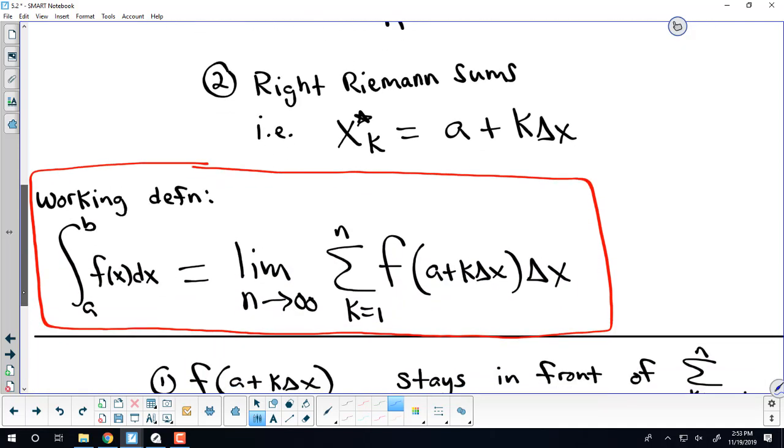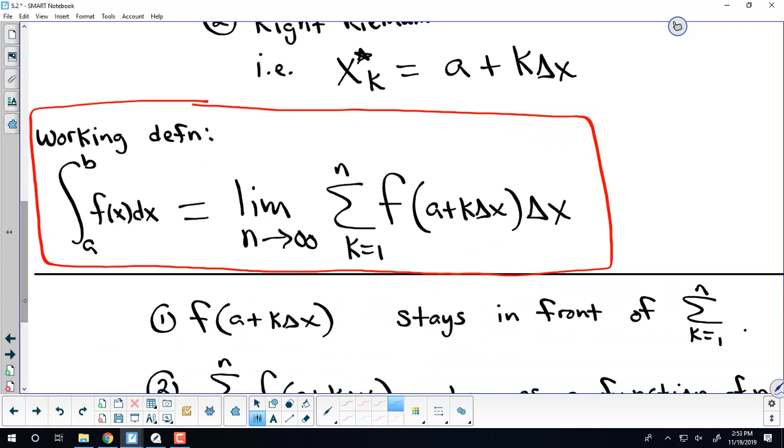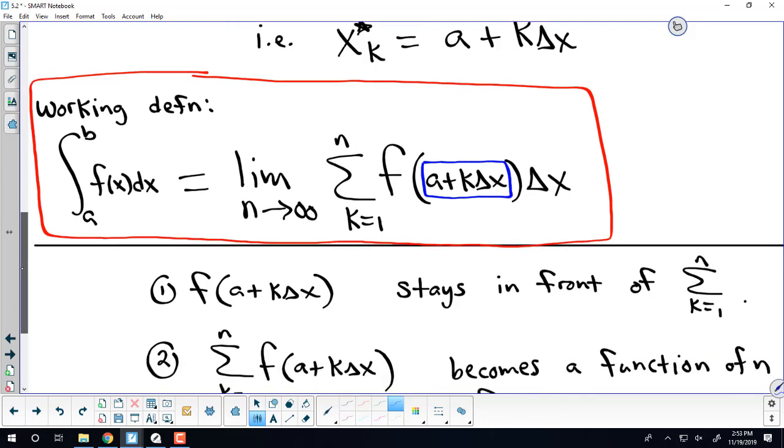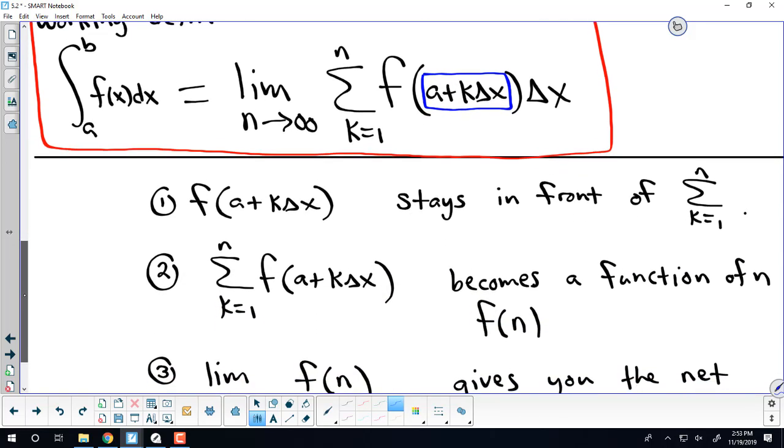So basically what that boils down to is this is our working definition. We've just replaced our x star sub k, virtually the only thing we've replaced, with the right Riemann sum. So f of a plus k times delta x. So that's going to be our working definition.